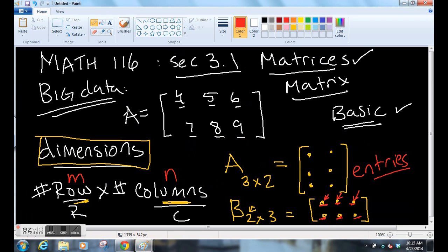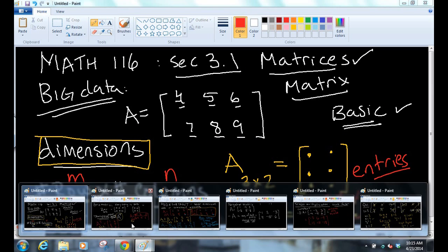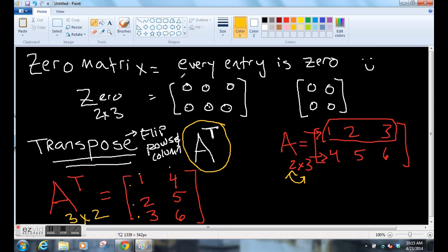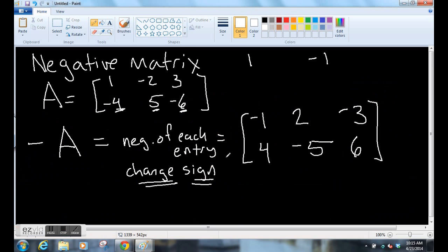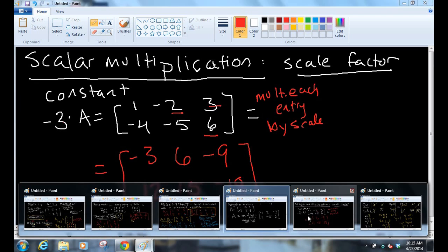So quick review. Matrices have dimensions. It's rows by columns. The things inside are called elements. You can have the zero matrix, and you can transpose a matrix by flipping the rows and columns. You can add and subtract matrices, but only if they have the same dimensions. You can talk about a negative matrix where you change the sign of every entry.